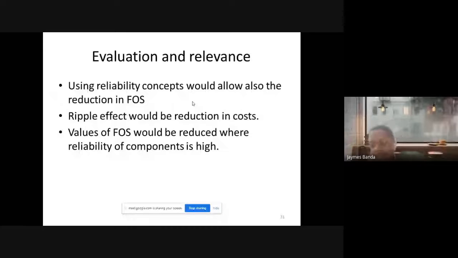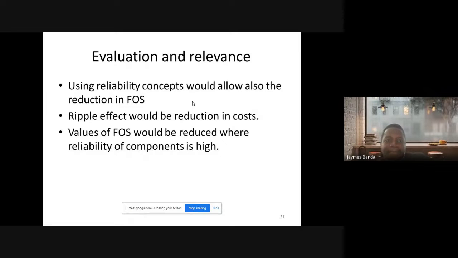The ripple effect would be a reduction in cost because it would save on the materials used. So the value of the factor of safety could be reduced where the component reliability has been found to be very high.